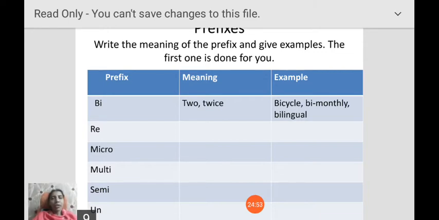The first one is done for you. The first one, BI, the three columns are filled. That is done for you to understand. So look at the words, try to understand the meaning. If you can, it's okay, otherwise I tell you. Then try to write the words. If you don't know the meaning but you know the words, you can write them. Okay. So the last one is un.